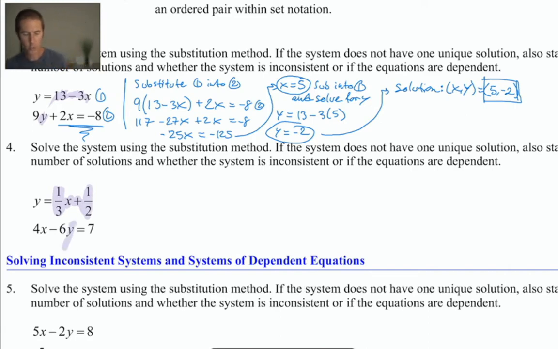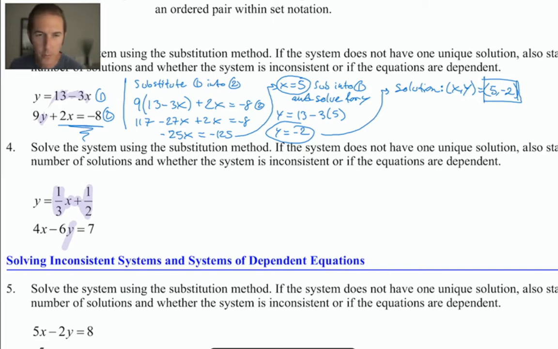So your new equation will say 4x minus 6 times, and then in parentheses, 1/3 x plus 1/2, close parentheses, equals 7. Be careful, your next step needs to be to distribute multiplication by -6. So the substitution process, pretty straightforward.